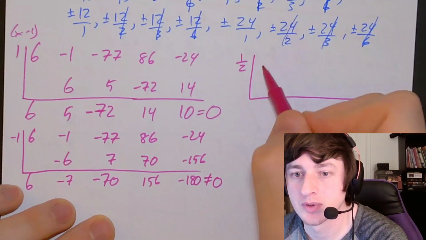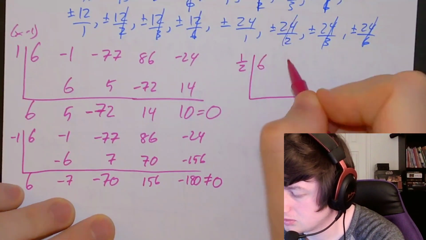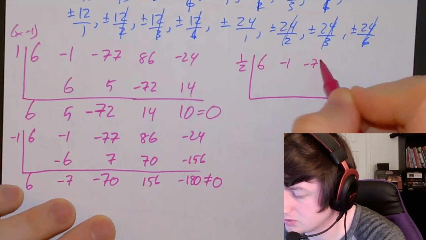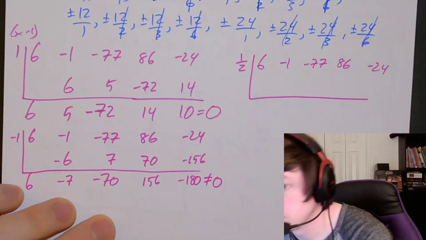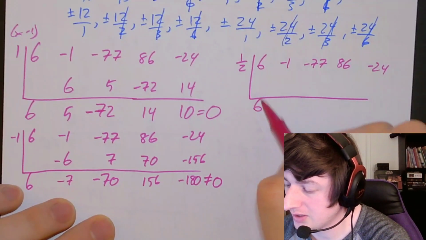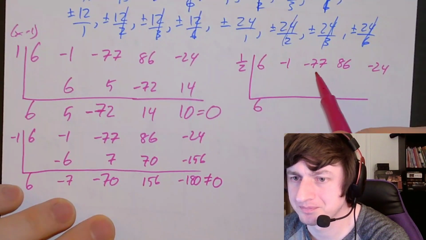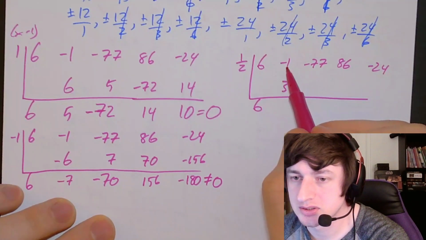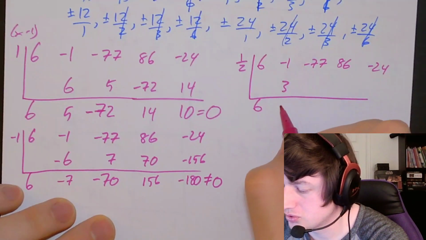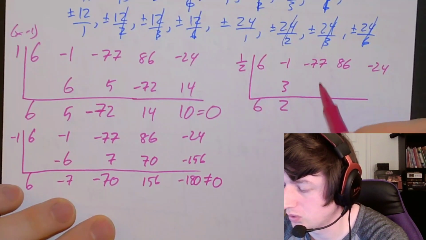Well, never mind. So 6, negative 1, negative 77, 86, negative 24. So 6 times a half is 3. Add down, we get 2 times a half is 1.